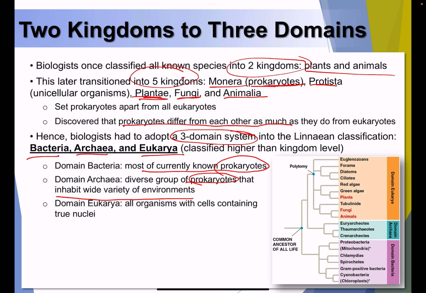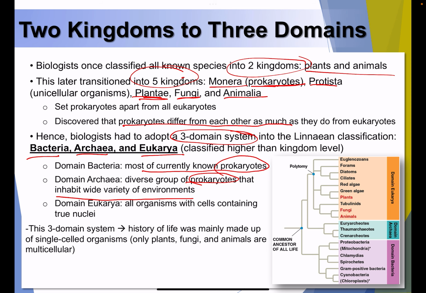And the last domain, eukarya, is all organisms that have cells containing a true nucleus. That's what eukaryote translates to, or is defined as, anyway.